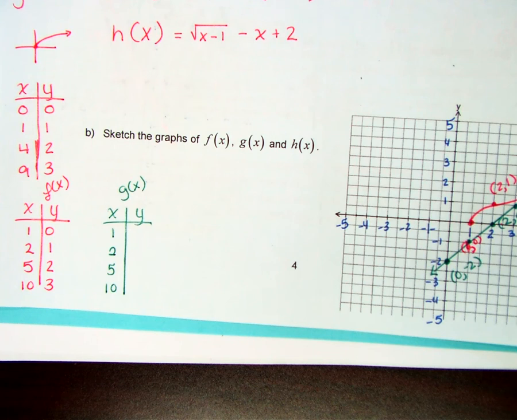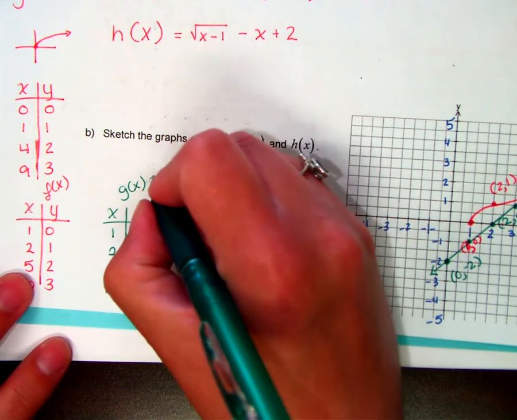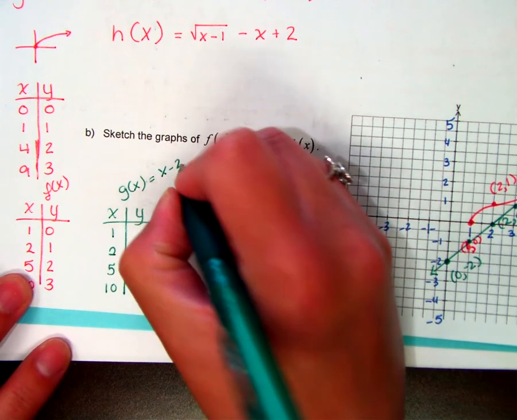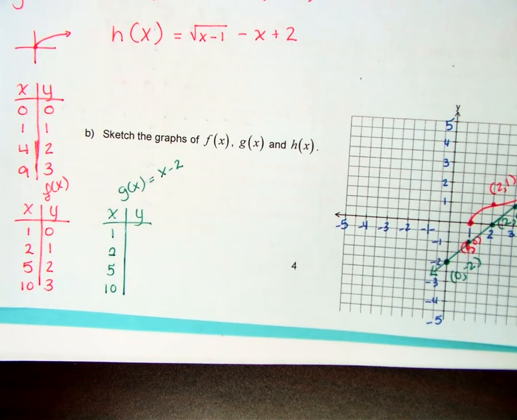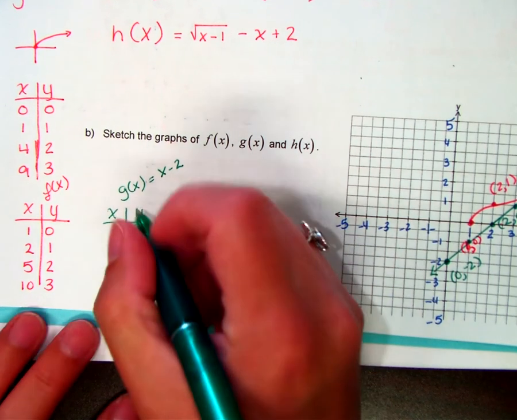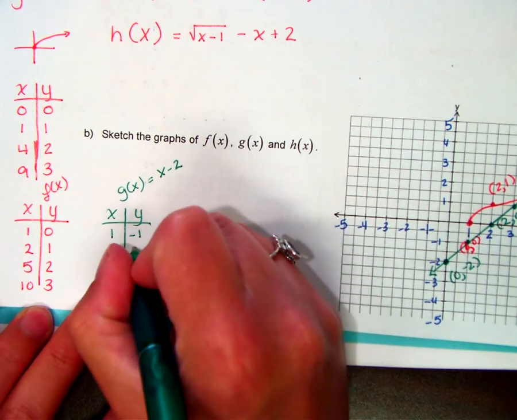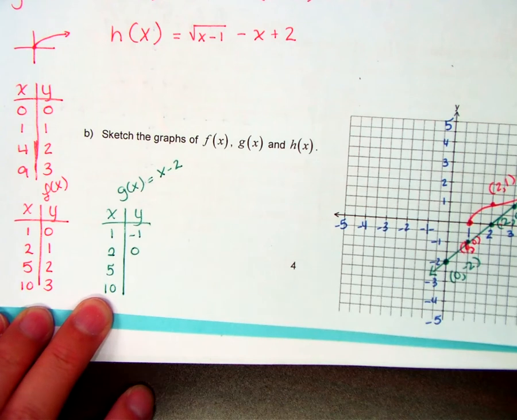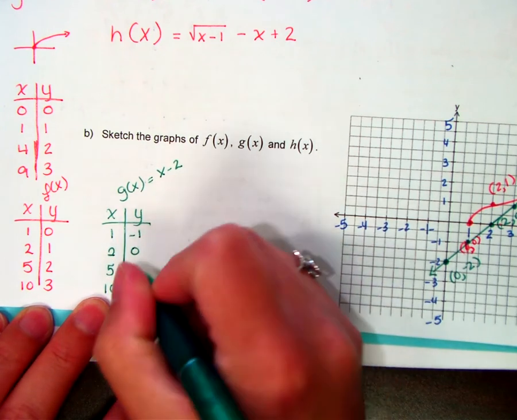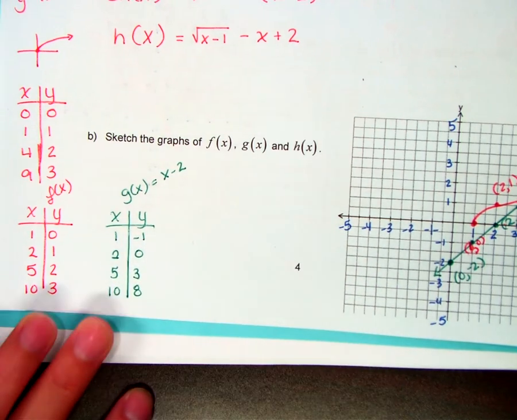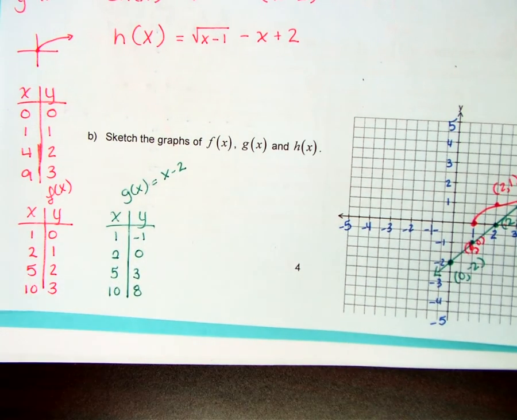We have to substitute them into our g of x equation, which was x minus 2. So what is y? -1, thanks. -1, 0, 3, and 8. Do you guys agree with that?